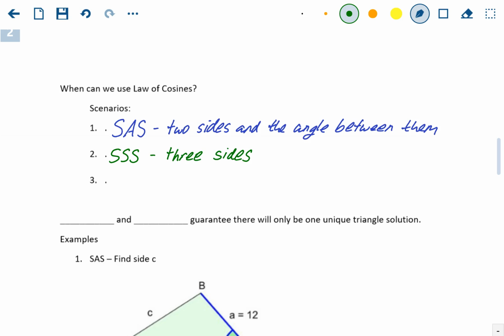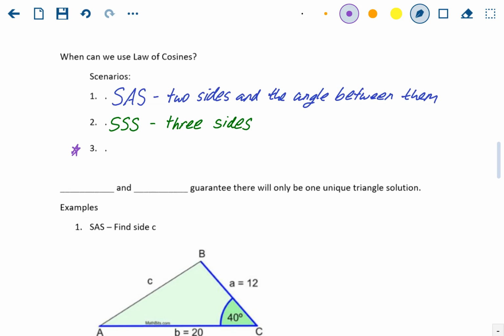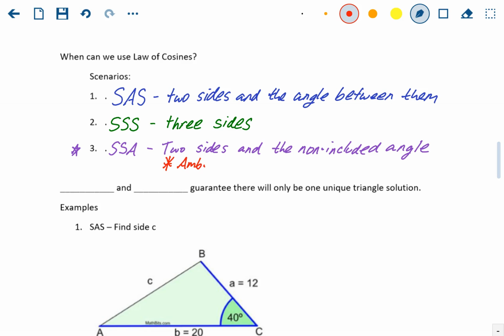Three sides. You know three sides. You don't know any of the angles. Also not in law of sines. But this last one was in law of sines. Side, side, angle. Side, side, angle was part of law of sines with a star next to it. Same thing here. So when you know two sides and the non-included angle. So two sides and the angle that's not between them. Like we said yesterday, that gives you an ambiguous case.